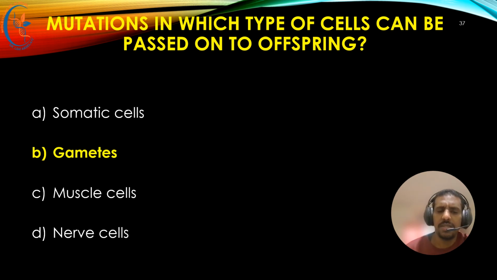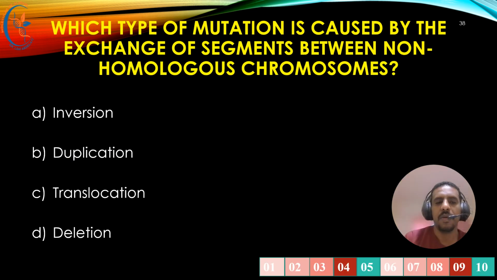The correct answer is gametes. Only mutations in gametes, such as the sperm or egg cells, can be inherited by offspring, affecting the genetic makeup of the future generation. So the correct answer is gametes. Let's move on. Next question.